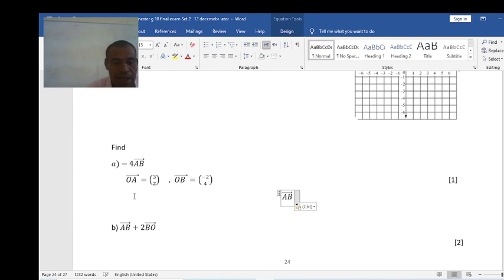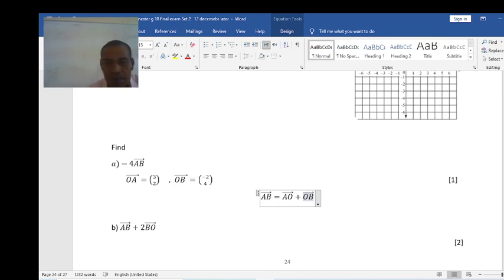I'll write here AB equals AO plus OB. The OA is 3, 2, while OB is negative 2, 4.